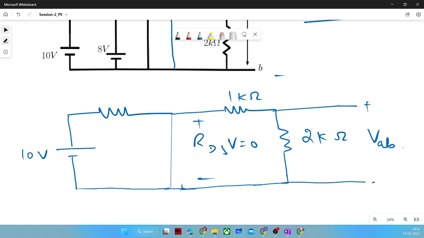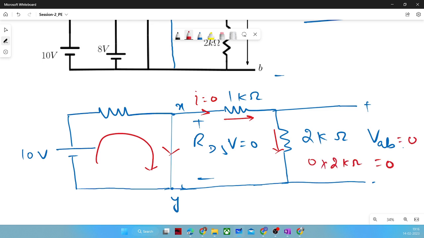This 0 would be reflected to your output because no current will flow in the other direction. If this is short circuited, all the current will flow in this manner, so the voltage drop is 0. So 0 into 2 kilo ohm is 0. So your answer would be 0.